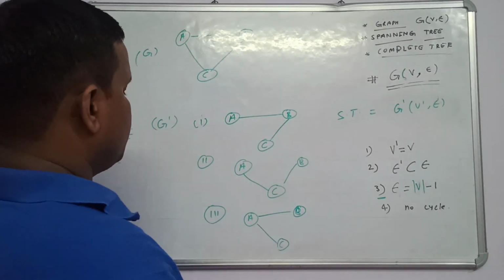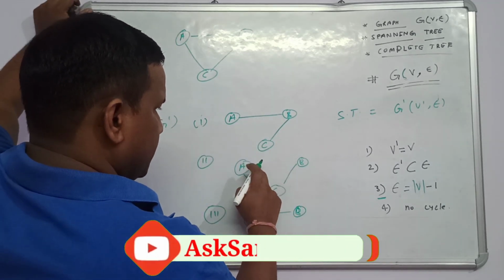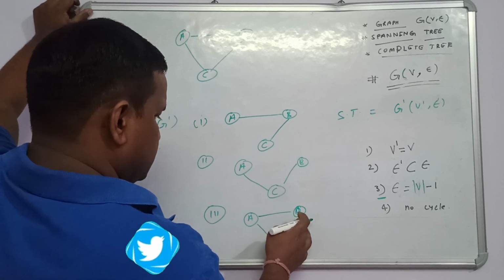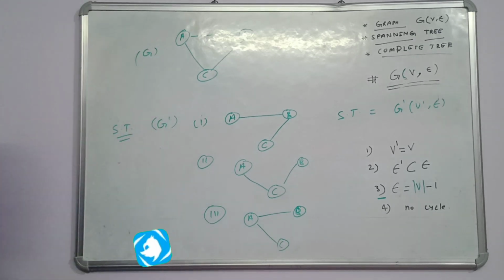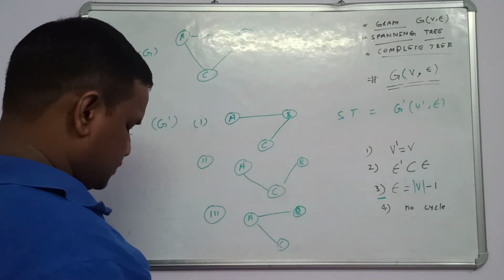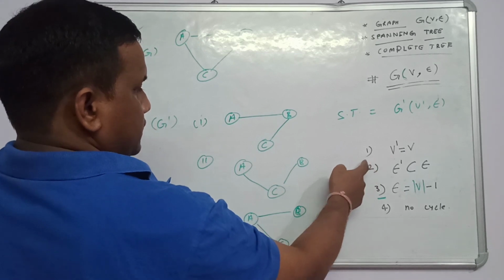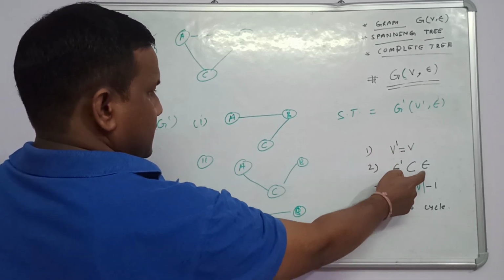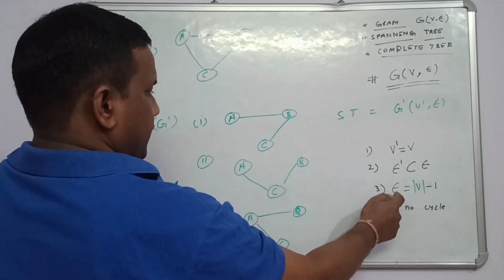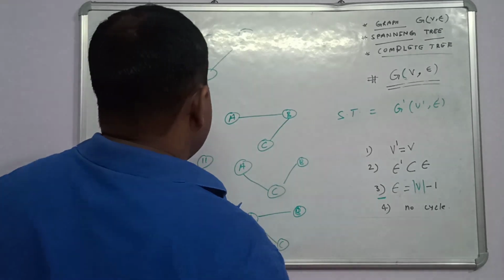Okay, once we don't have edges between A to C, once we don't have edges from A to B, and another spanning tree there is where B and C edges are missing. So these are the spanning trees. Why are these the spanning trees? Because they are holding these conditions. First, vertices equal to actual vertices, edges less than actual edges, and edges is equal to vertices minus 1, and there are no cycles.